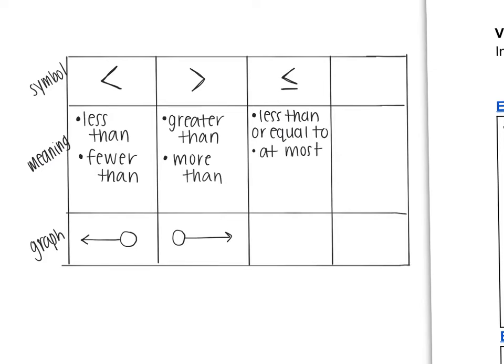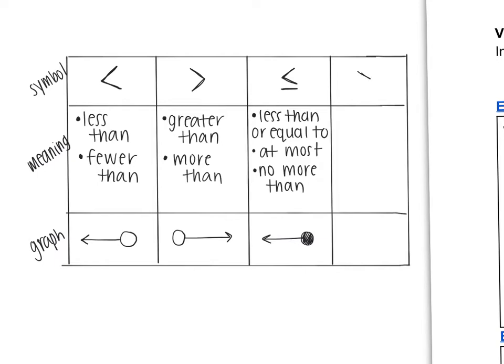Because if I say it's at most 5, that means it could be less than or equal to 5. Or you might hear no more than. So any of those things mean less than or equal to. Less than or equal to is a circle that is filled in, because the equal to part, we have to include wherever our circle is, and the arrow goes to the left.